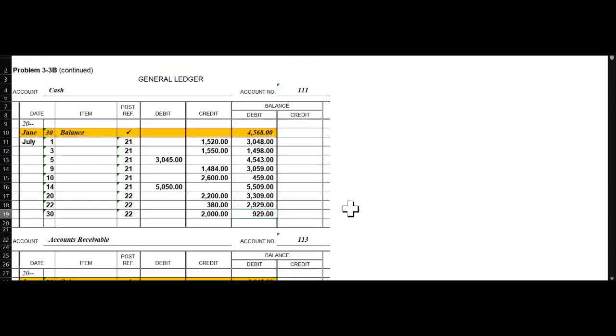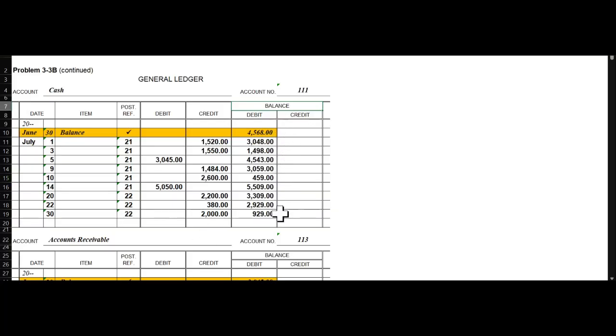By the way, this is called a running balance because after each entry, a new balance is determined or calculated. So you make the entries in these two, and then the balance, it says balance, so it's a debit balance because that's the normal balance for your cash.